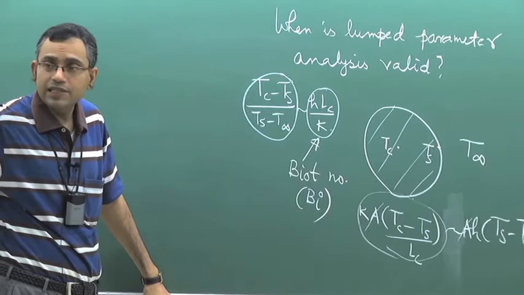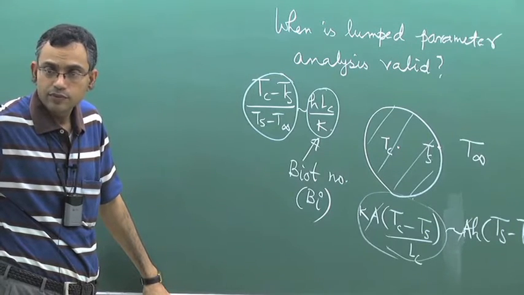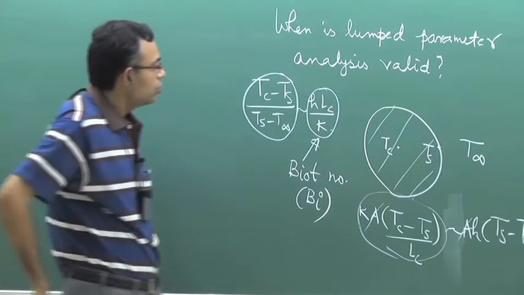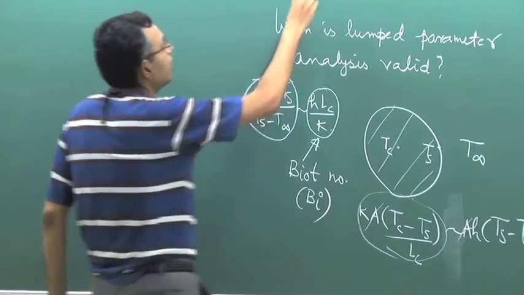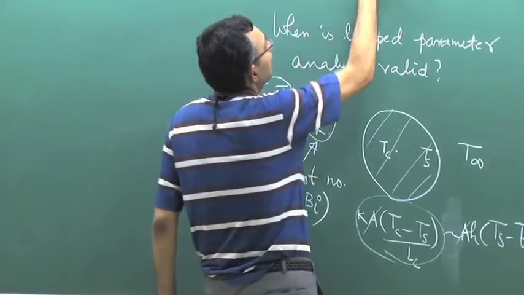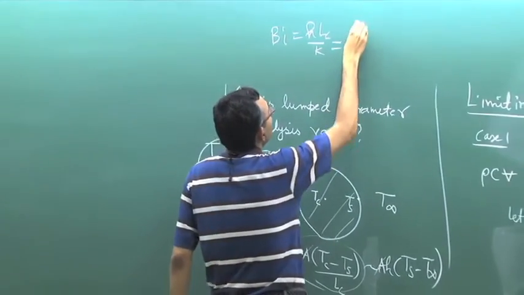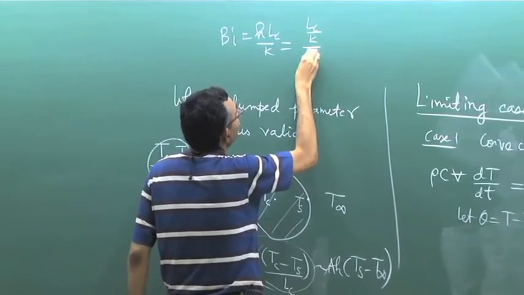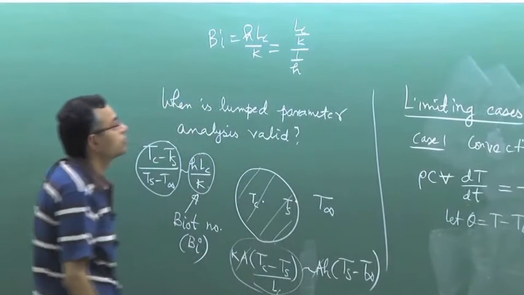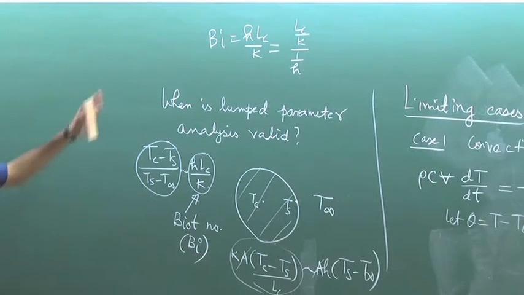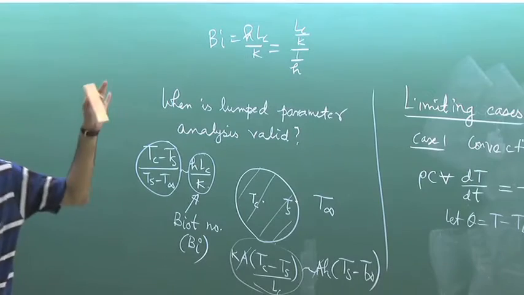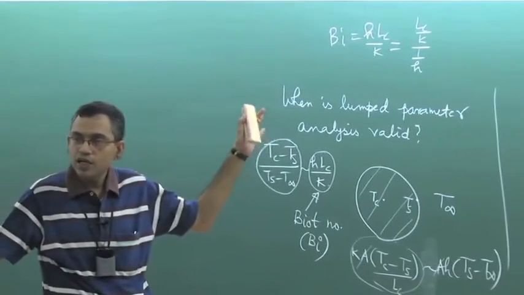So what does it physically represent? The Biot number, which is h Lc by k, right. What is the numerator? It is the conduction resistance and the denominator is the convection resistance.